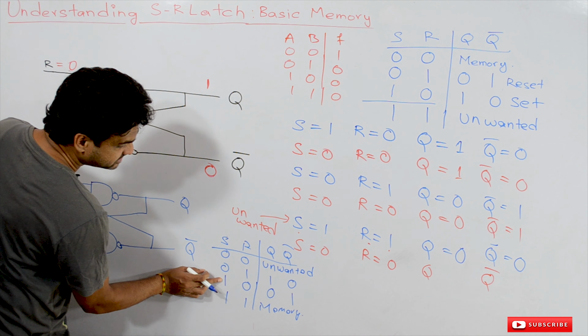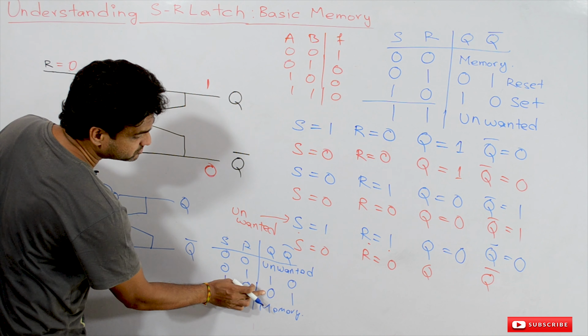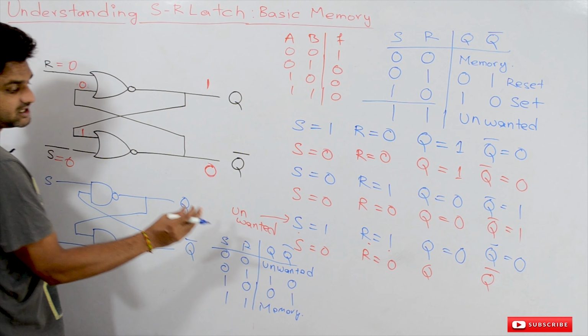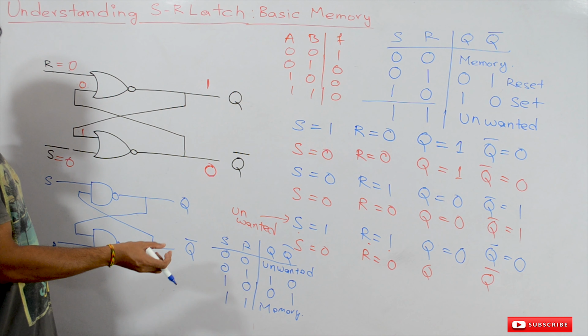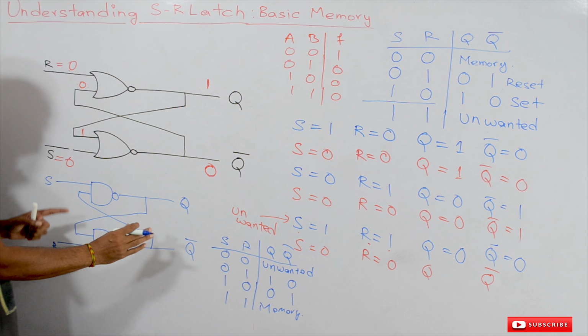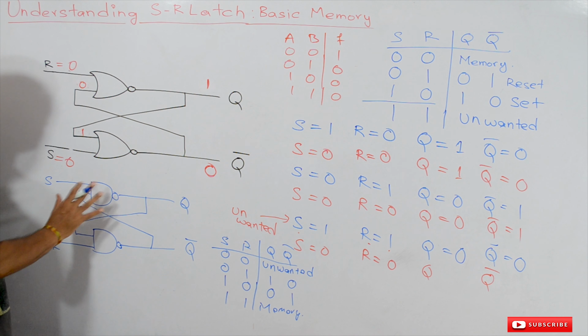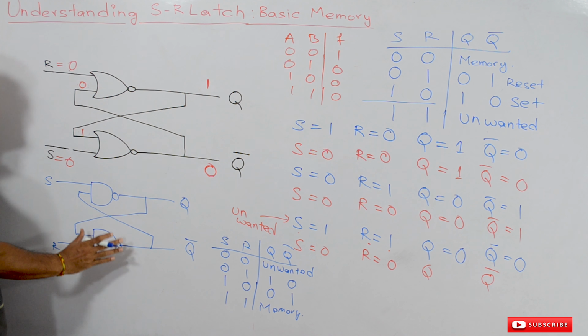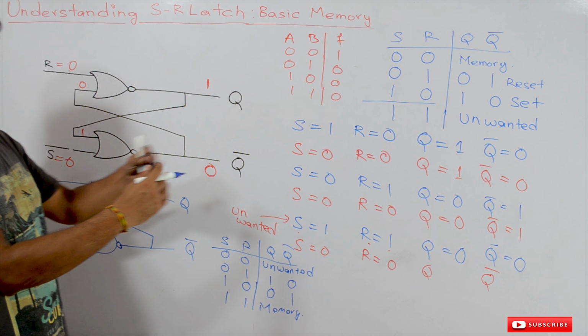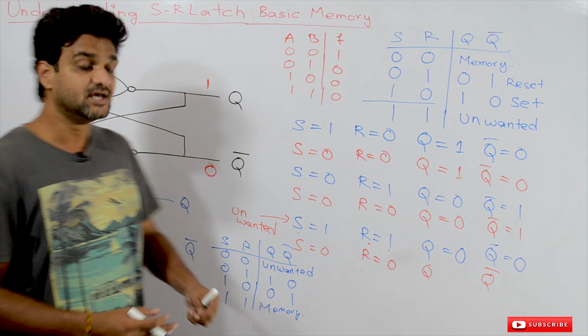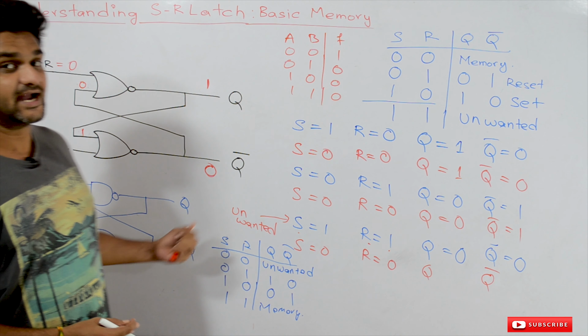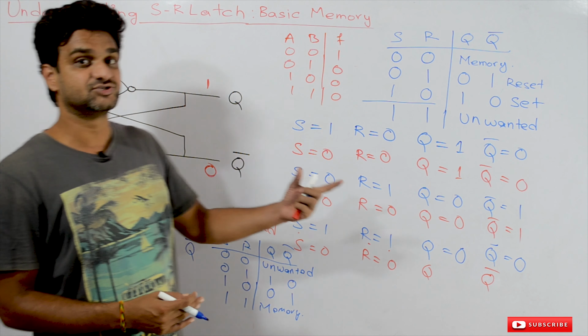So whenever set is used, the Q is set to 0, which is not technically correct. But the concept of SR can be implemented by using NAND gates also. In our next coming classes, this SR latch by using the NAND gates is used with a little change in the circuit.